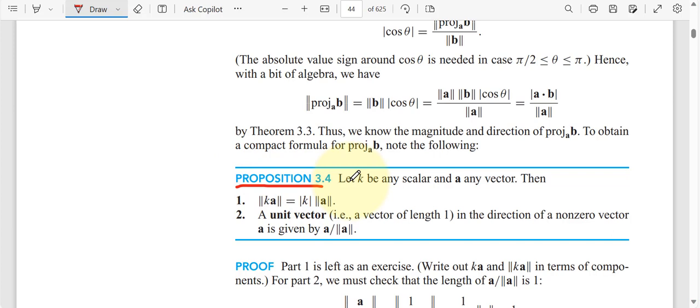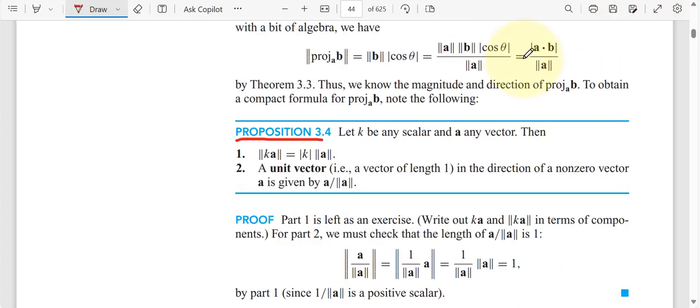In other words, we need this proposition to do the proof, or having this proposition makes the proof easier or more organized. So let's just see what it says. It says if we take the norm of k times A, remember, A is a vector, k times A is still a vector, and so we can put that into the norm, and that will give us the length of k times A.